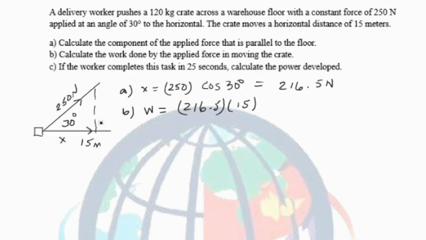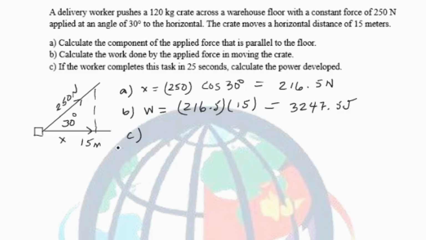Again, that's because we can't use the 250 and the 15 because those are two different directions. Hence, we have to find the component in the same direction as the distance that it is being moved. And once we do that, we get 3247.5 joules.